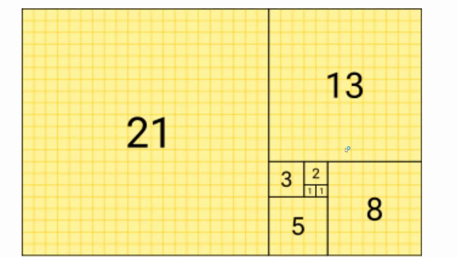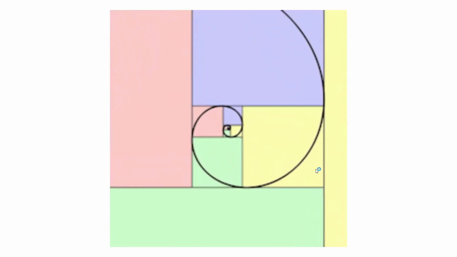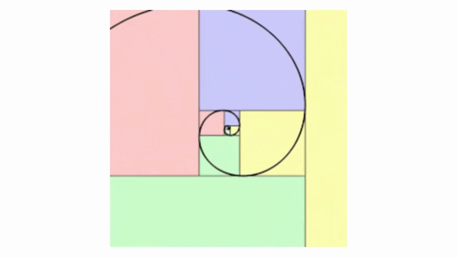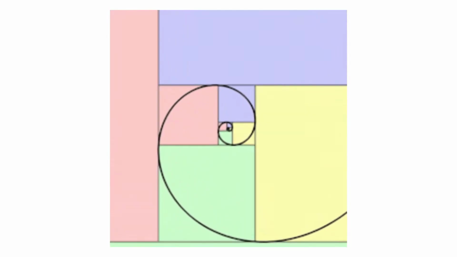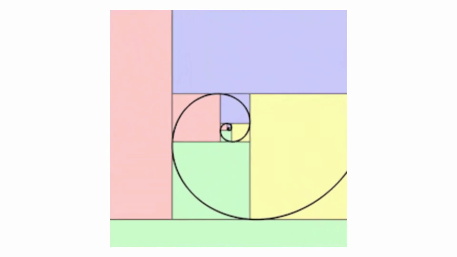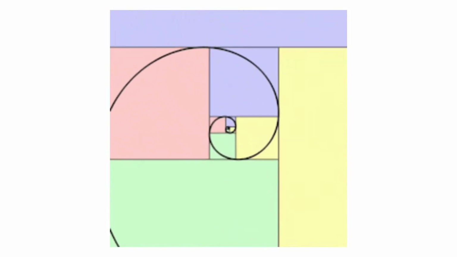Here is the Fibonacci sequence in terms of the numbers and how they create the rectangles that then create the spiral itself.